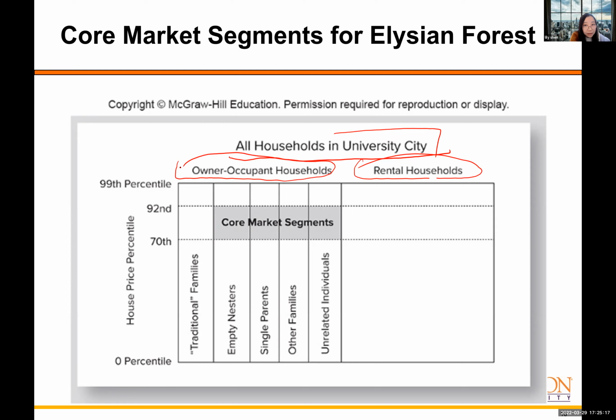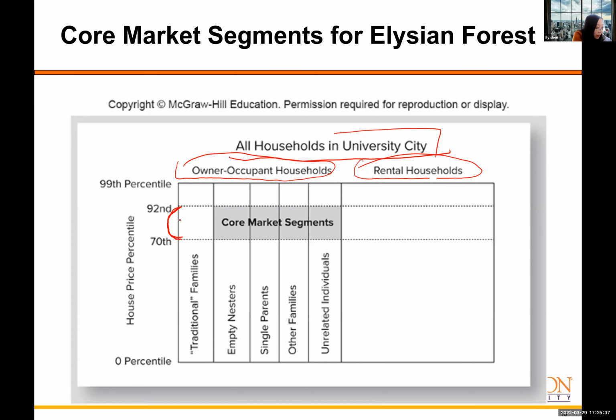Based on the pricing strategy, Elysian Forest targets the top 30, but not the top 8. So it's really from the 30th percentile to the 92nd percentile, right? And then they're excluding the traditional families.